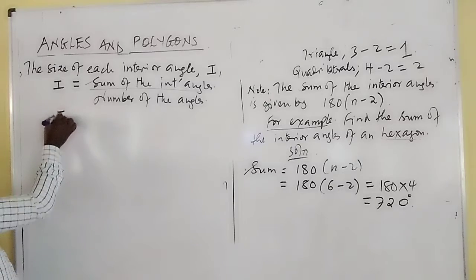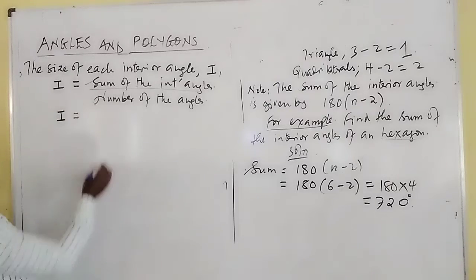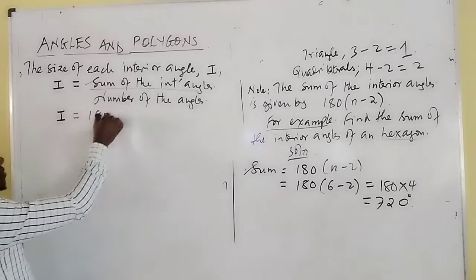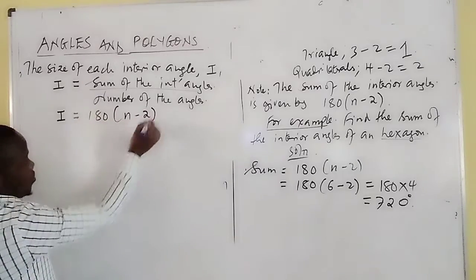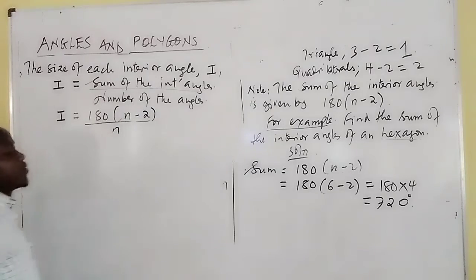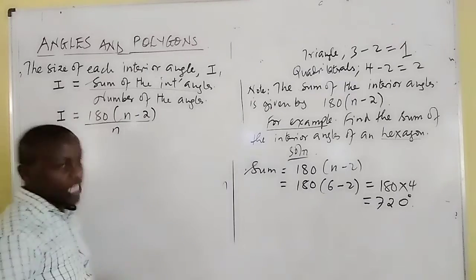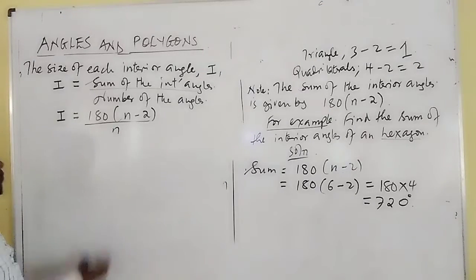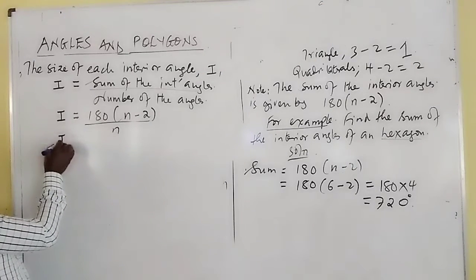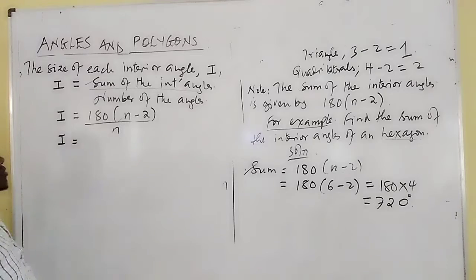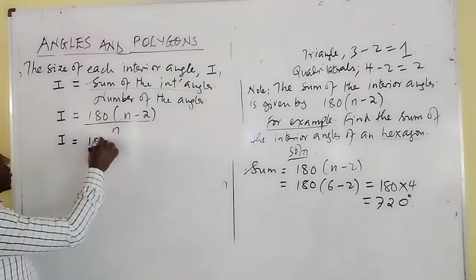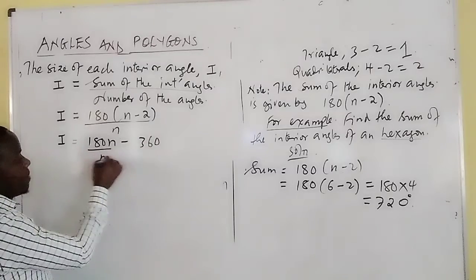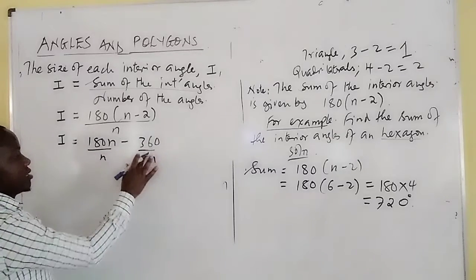Therefore, we can say interior angle is given by the sum of interior angles, and we have said it's gotten by 180 into n minus 2. We divide by n, since the number of sides is equal to the number of angles in a regular polygon. We can simplify this: 180 n minus 360, divided by n separately.